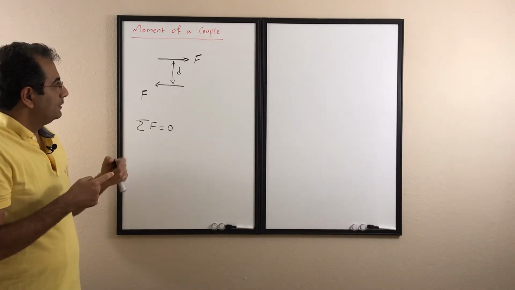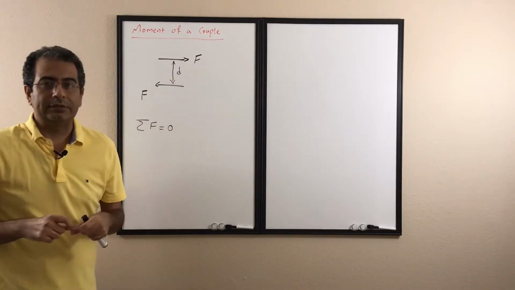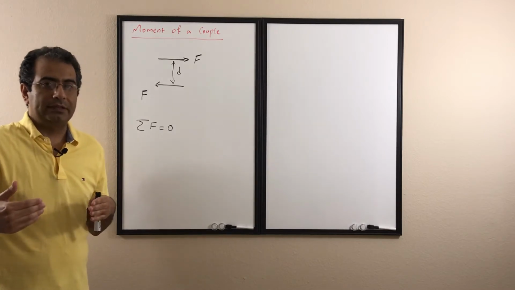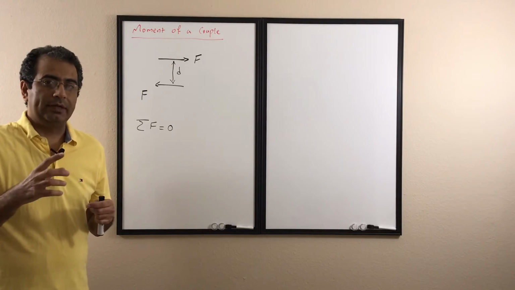Because the resultant force is 0, these two forces may not cause something to move in the x, y, or z direction, but they will cause an object to rotate.